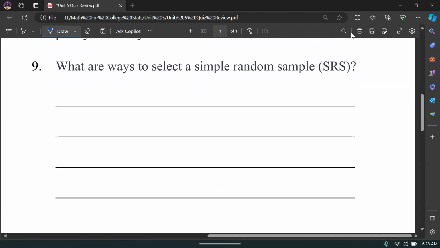What are ways to select a simple random sample? A couple ways would obviously be slips of paper. Two main ones are slips of paper and a random number generator.